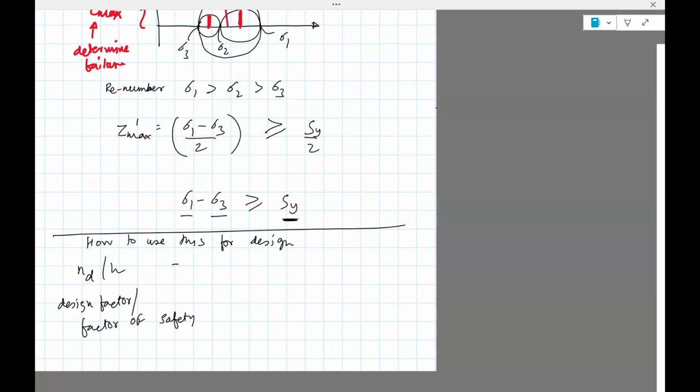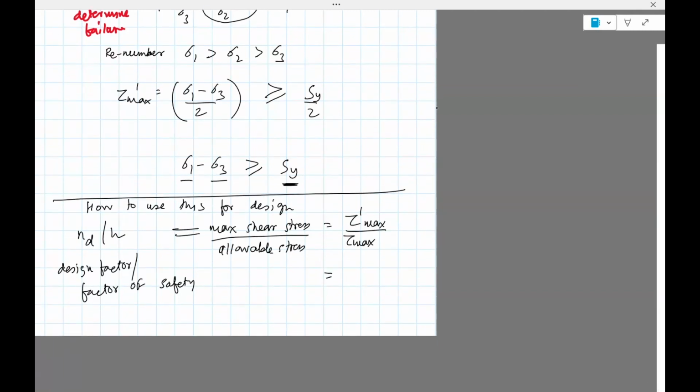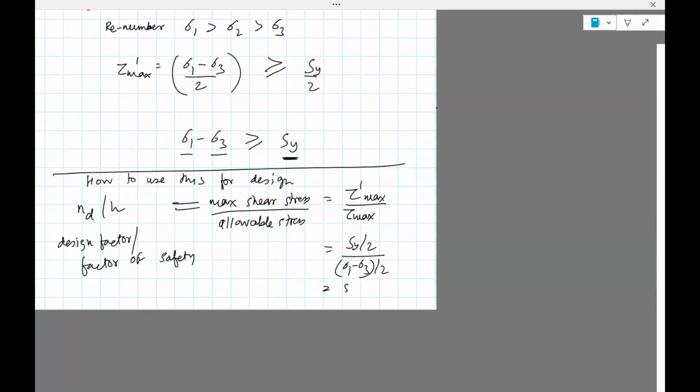So you'll write this as max shear stress upon allowable stress. That would be tau max divided by tau max prime divided by tau max, which will be Sy divided by 2 divided by sigma 1 minus sigma 3 divided by 2, which is the same as Sy divided by sigma 1 minus sigma 3.